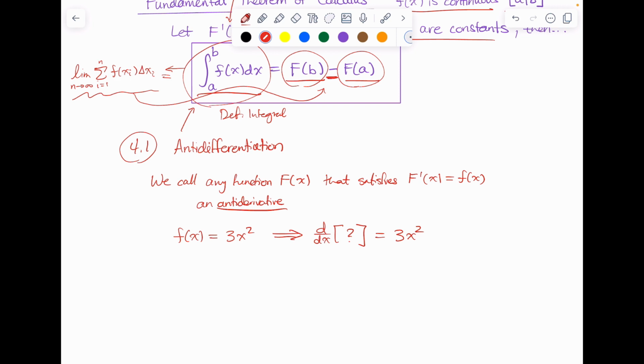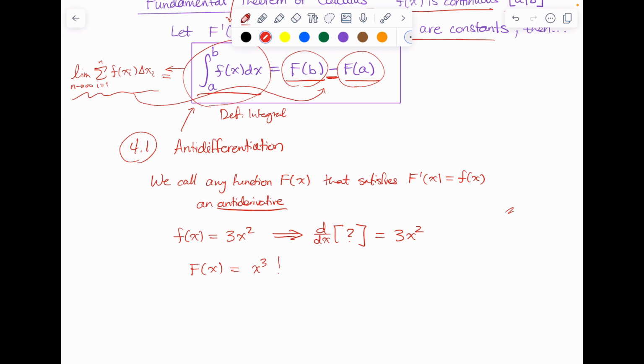And so we can very easily do this one. We could say, okay, maybe capital F of x equals x cubed. Hooray, we did it. We found the antiderivative.